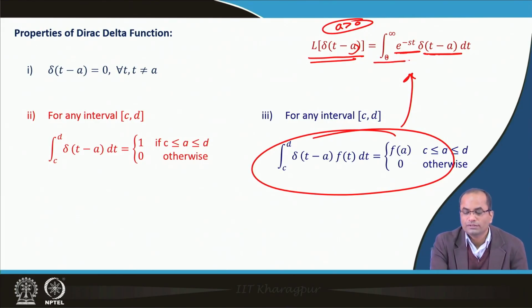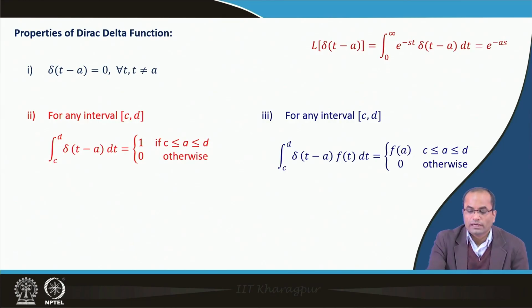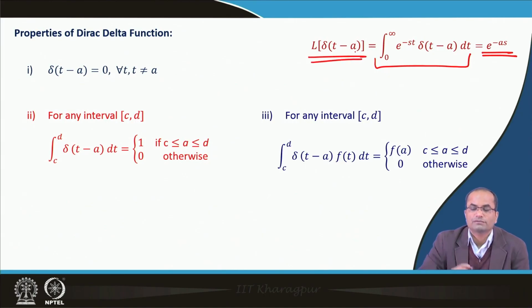The value of this integration is going to be just the value of the function e power minus s t at t equal to a. That means e power minus a s is the value of this integral, which is the Laplace transform of the Dirac delta function.